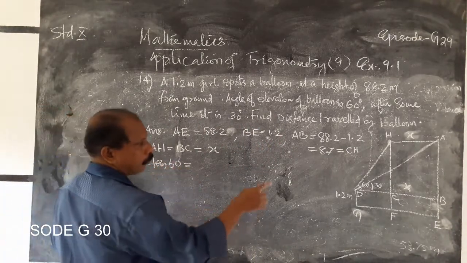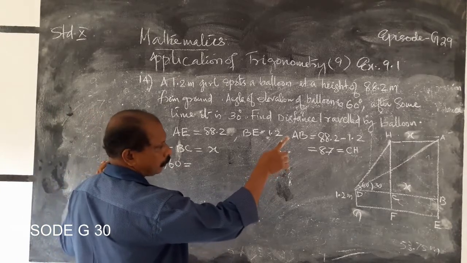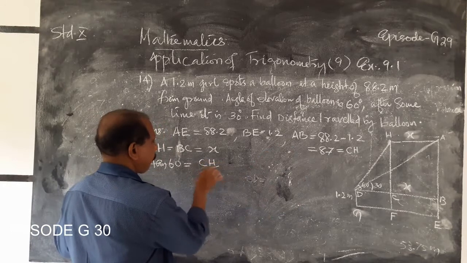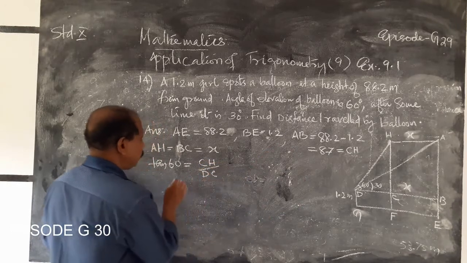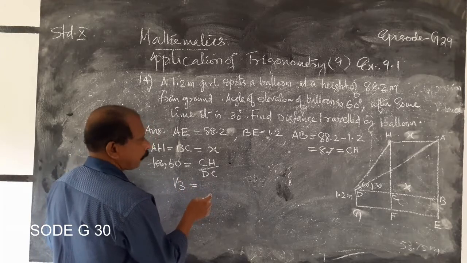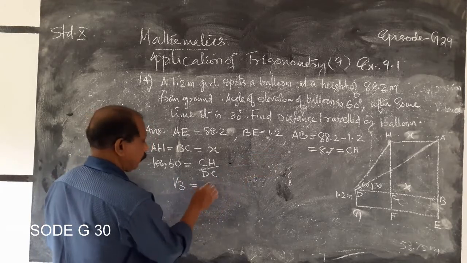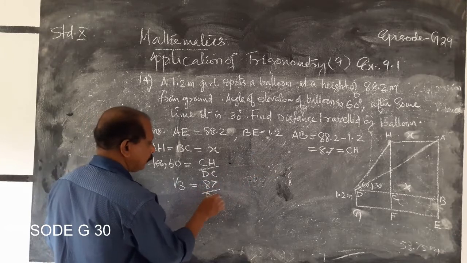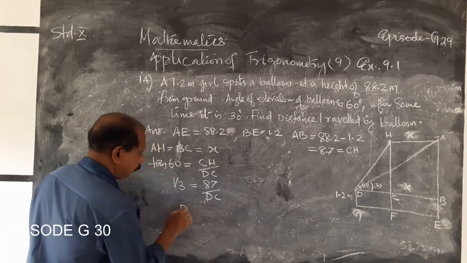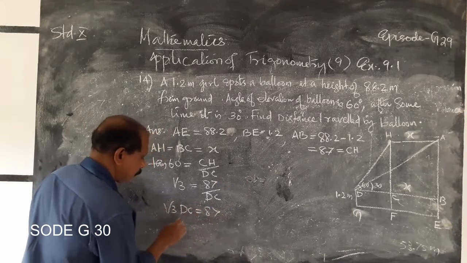is equal to CH by DC. Tan 60 is root 3, which is equal to CH, which is 87 by DC. Therefore, DC root 3 is equal to 87.